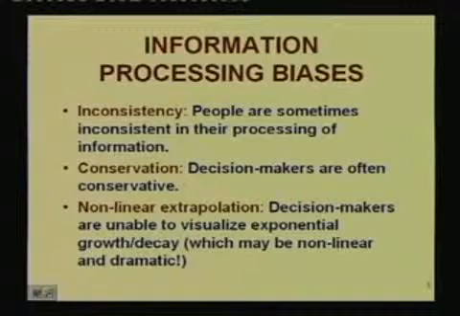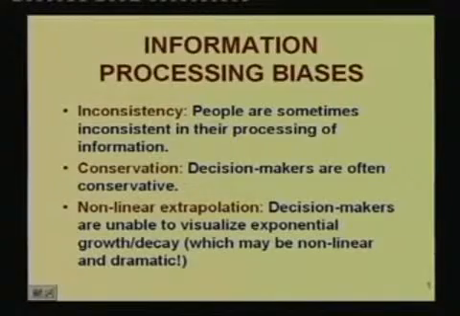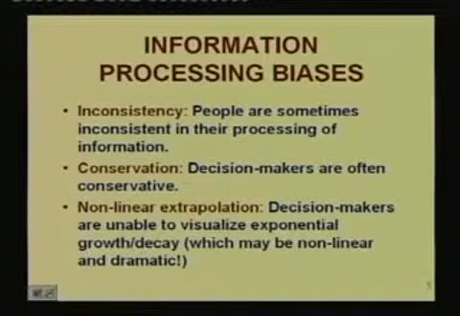First of all, inconsistency. People are sometimes inconsistent in their processing of information. So you have some information, and on the basis of that you have to take a location decision. Maybe the same person, the next time he processes the same information to make a location decision, may make a different decision.